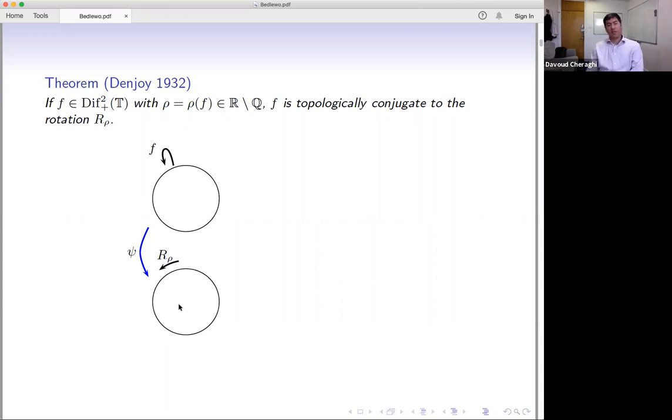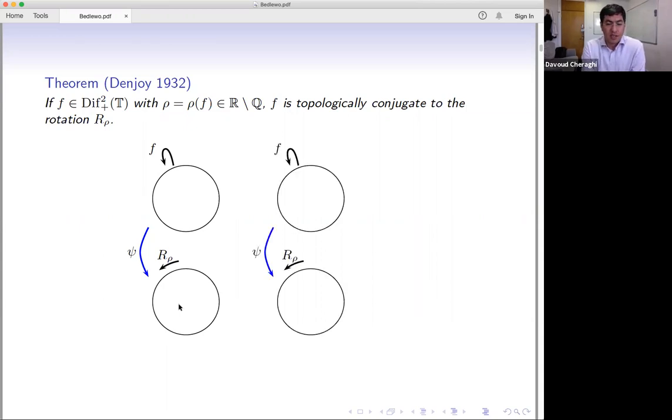Let me take another copy of this picture. It's basically the same thing repeated on the right-hand side. Let me start with two arbitrary points z and w on these circles. They are not necessarily the same. Of course, we can map them by psi, and we obtain two points z prime and w prime.